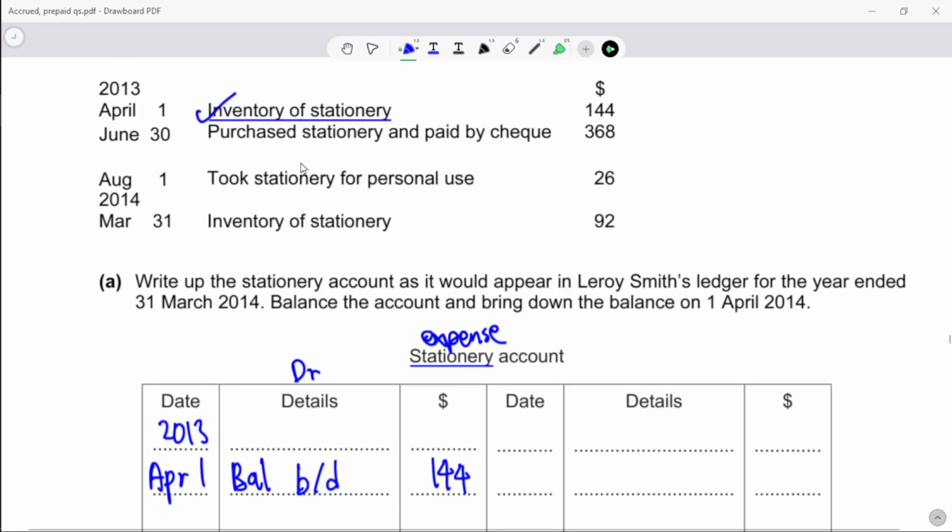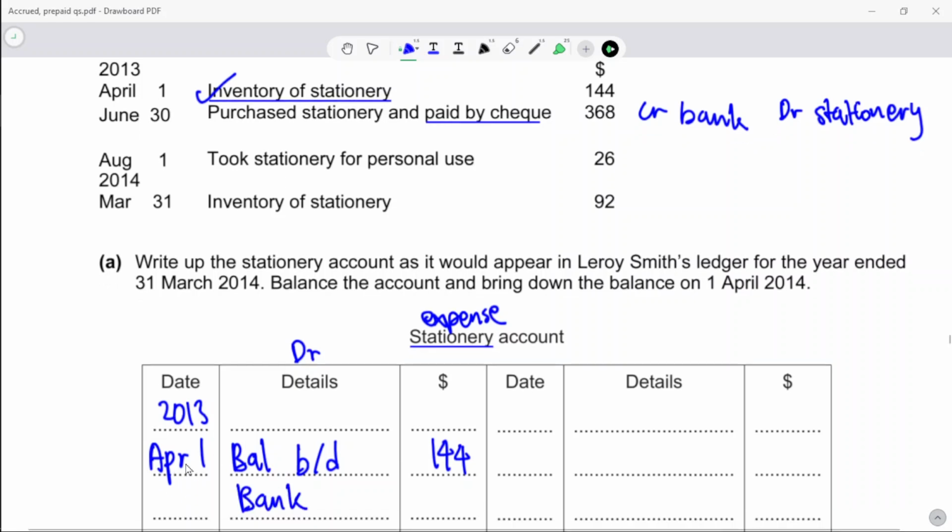Then this one is paid by cheque, so it is credit bank, debit stationery. Stationery debit bank, 5368.